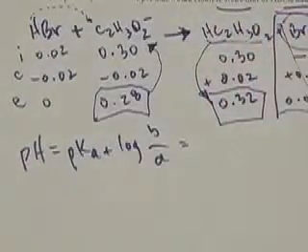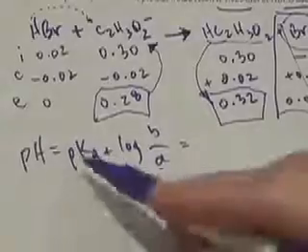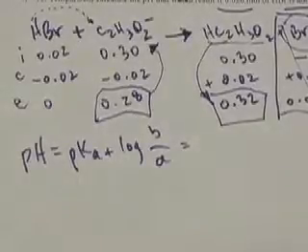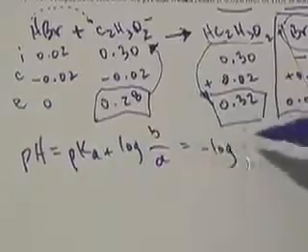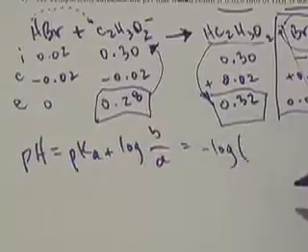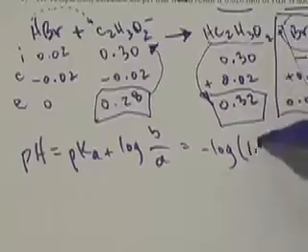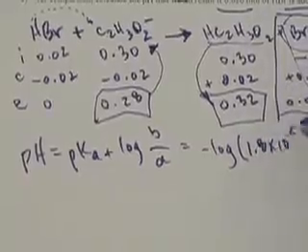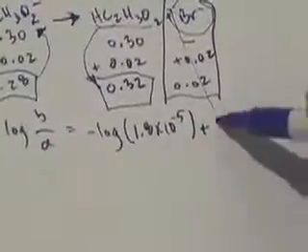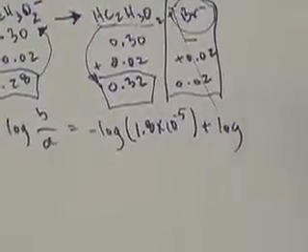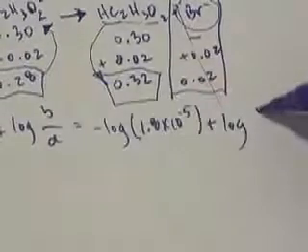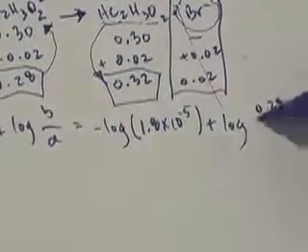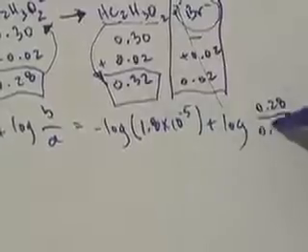And so if we plug in these numbers, to find the pKa of it, we need to know the Ka, and we'll take the negative log of it, and the Ka of acetic acid is 1.8 times 10 to the negative fifth, and then we'll add to that the log of the base over the acid, and the base in this case is 0.28 molar, and the acid is 0.32.